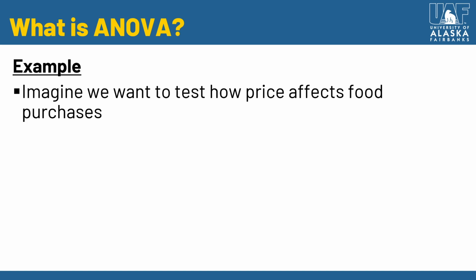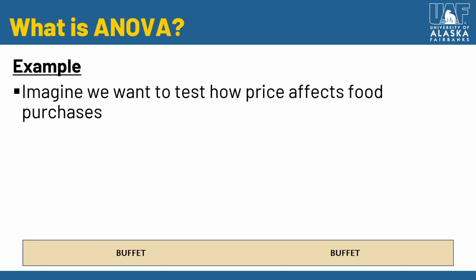Are we more inclined to buy stuff if it's cheap or expensive, and does the healthiness of that food play a role in that too? So let's say we're doing some study and we have a buffet here, and half of the buffet is unhealthy food, right? Junk food, donuts, pizza, right? Just crap, right? Stuff that's fun to eat, but will be detrimental to your health if you consume it every single day of your life.